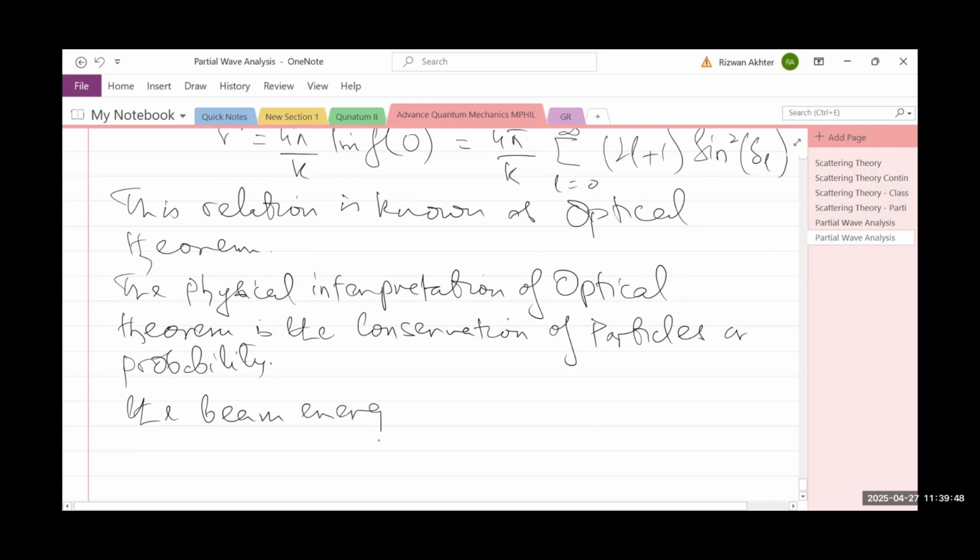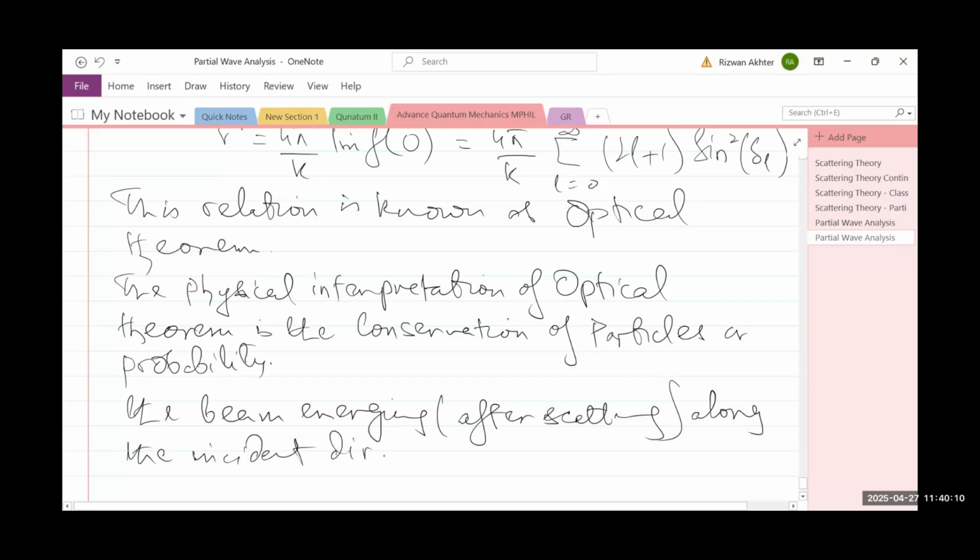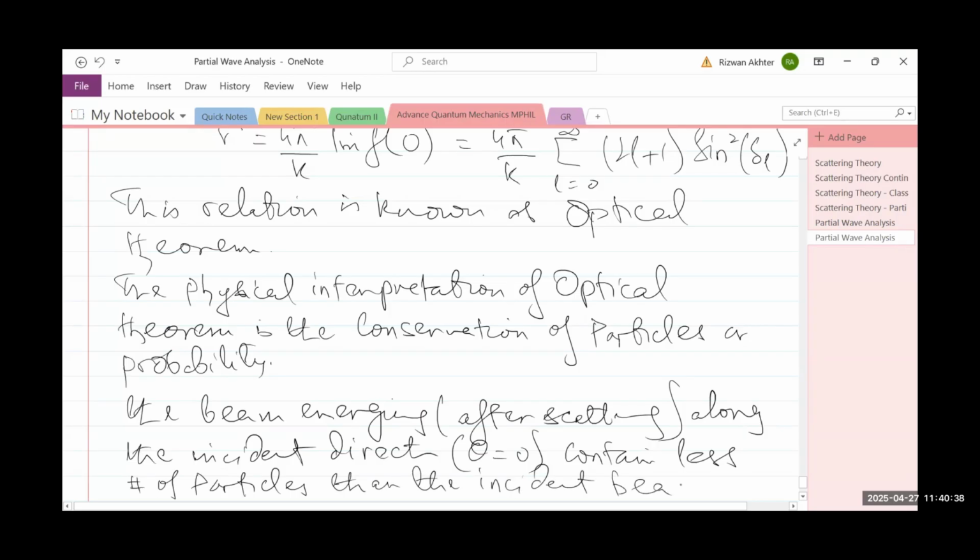So one would say that the physical interpretation is: the beam emerging after scattering along the incident direction, because we have taken theta equal to 0, along the incident direction theta equals 0, contains fewer particles than the incident beam.